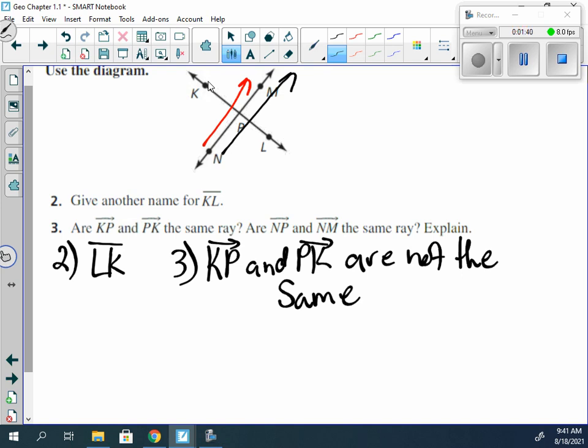NM starts at N, passes through P, and goes through M also. So yes, NP and NM are the same. Because if we want to name the same ray, as long as we have the same endpoint, the other points that are going through, as long as it's in the same direction, are going to be the same.